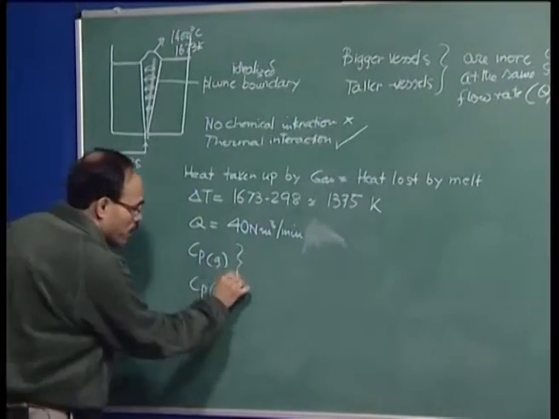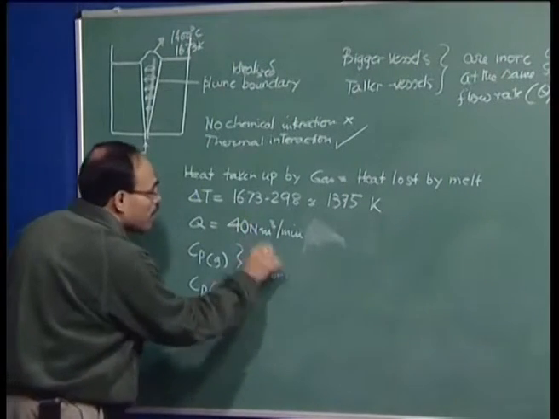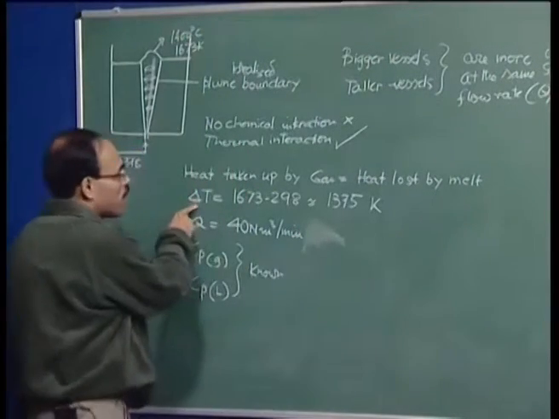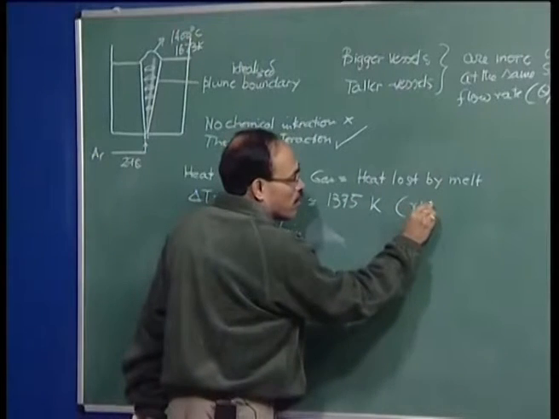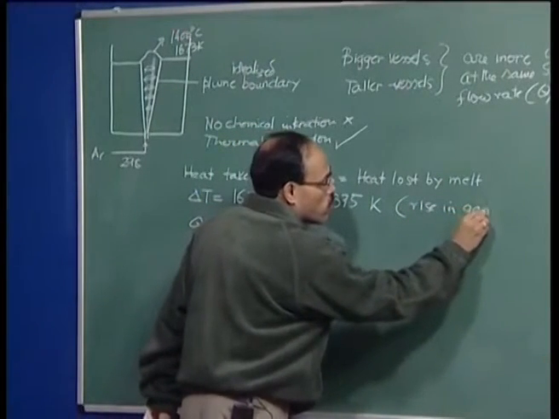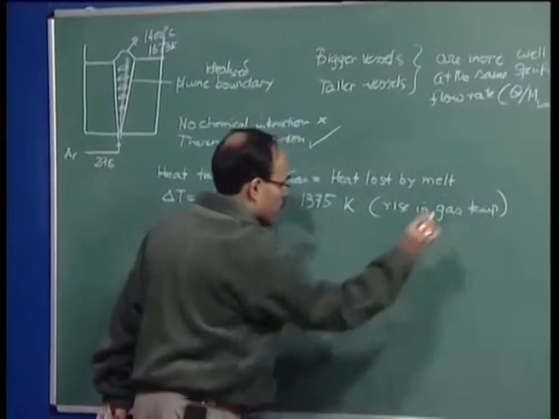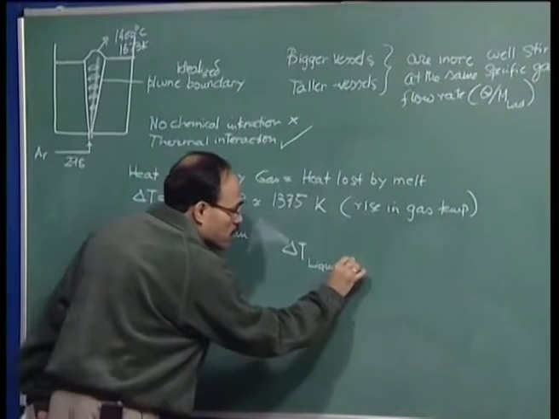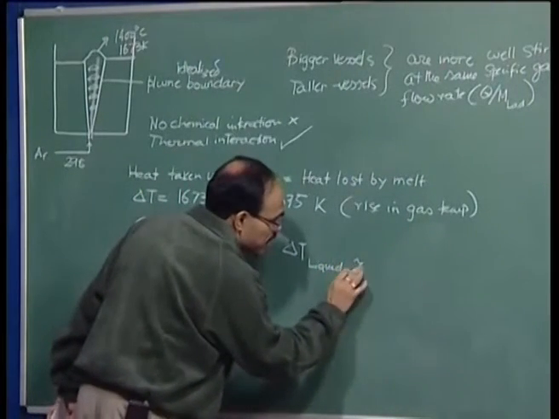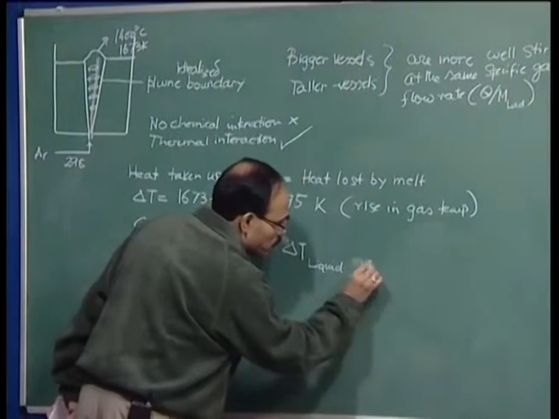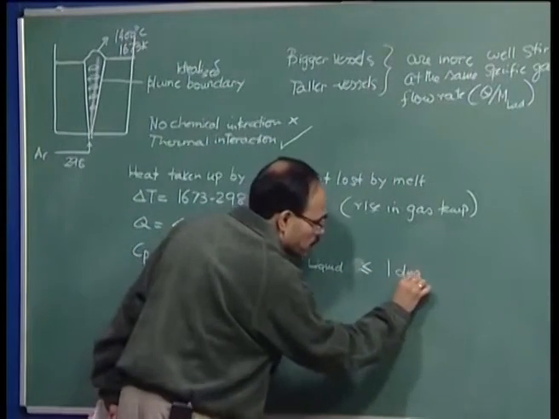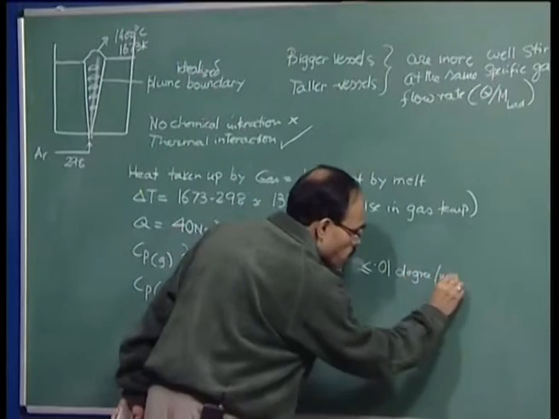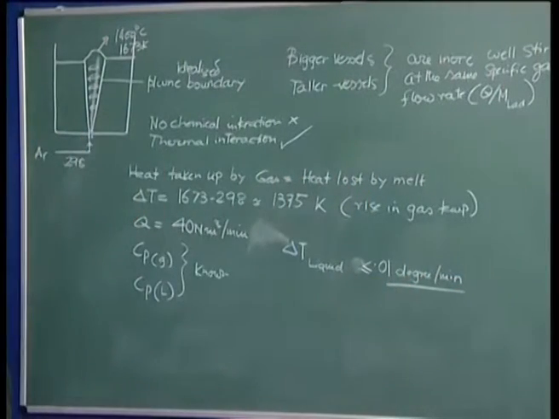These values are known to us, and we can plug in these values in this energy balance equation, and then show that, for this kind of a temperature rise in gas temperature, it is going to introduce a delta T in liquid, which is approximately less than or equal to, an insignificant drop in temperature.